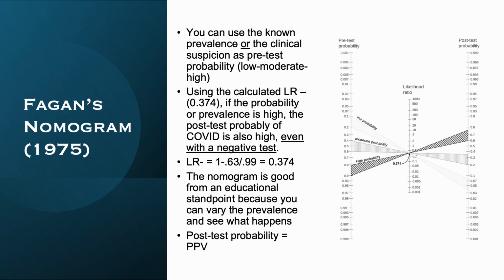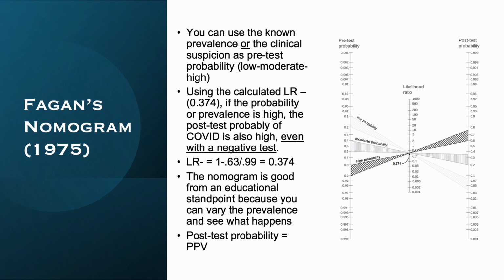So now you can plug it in to the nomogram. For instance, if you have a low probability, either clinically, like the patient has no fever, minimal symptoms, and you draw a line between that and the negative likelihood ratio, it comes down as the post-test probability is very low.